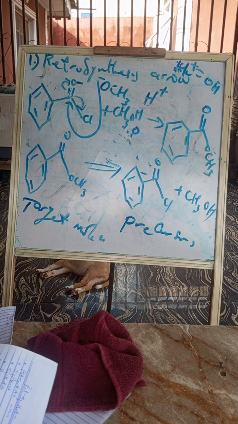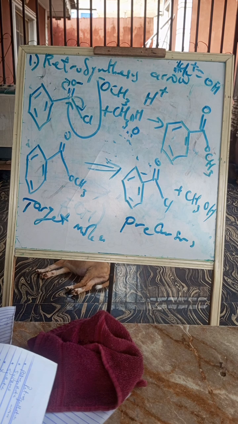When you get to Kano from Lokoja, you should be able to find your way back to Lokoja, because that's the same route you passed. You are coming from a particular location, so going back to that location shouldn't be hard. It should definitely be easy. So the first step in retrosynthesis is to what?